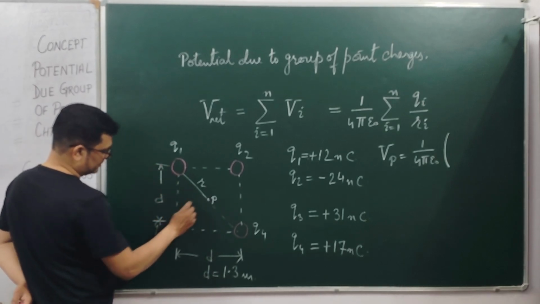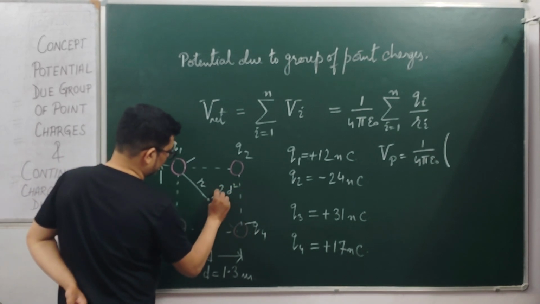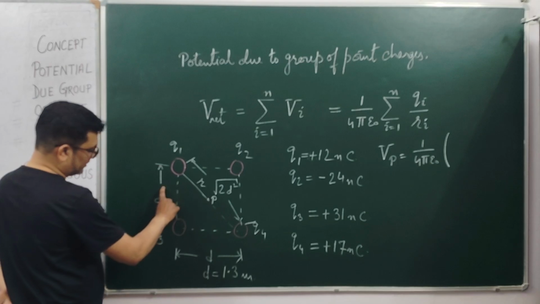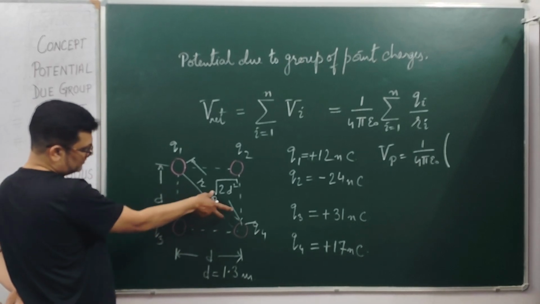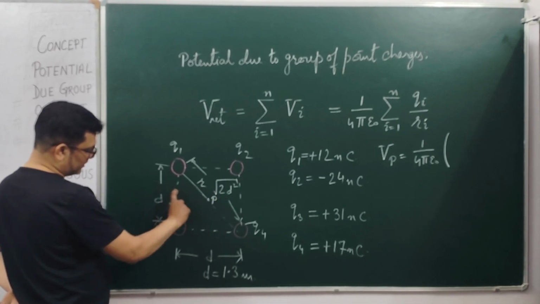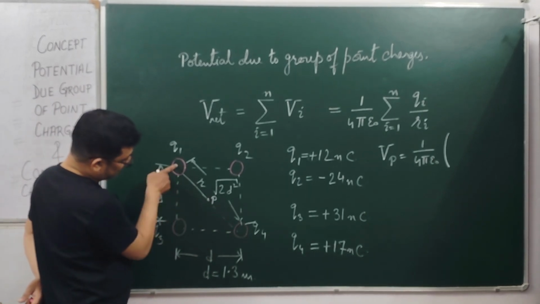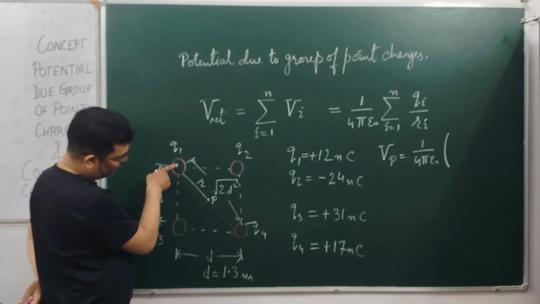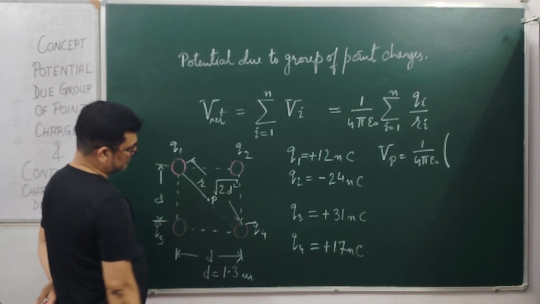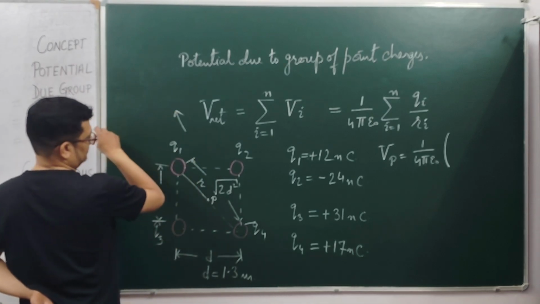From Pythagoras, this square plus this square is equal to the square of the diagonal. So d square plus d square is 2d square, and the square of this diagonal is 2d square. So the length of the diagonal comes out to be under root 2d square.